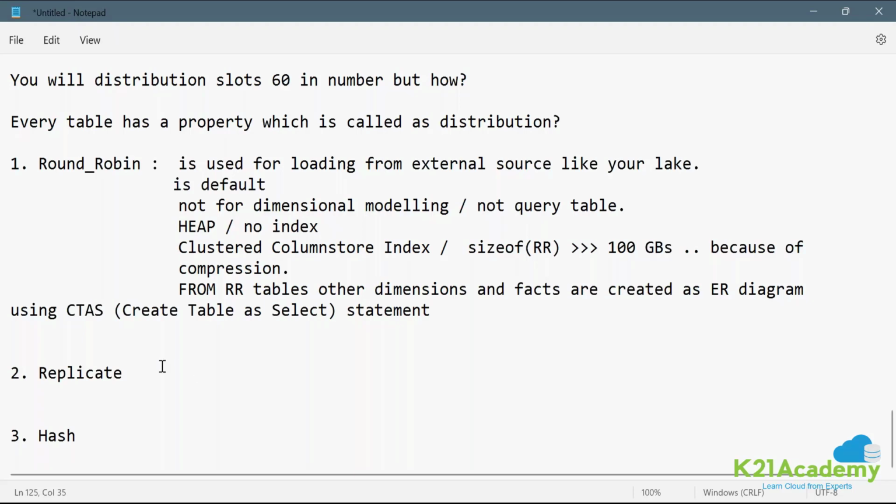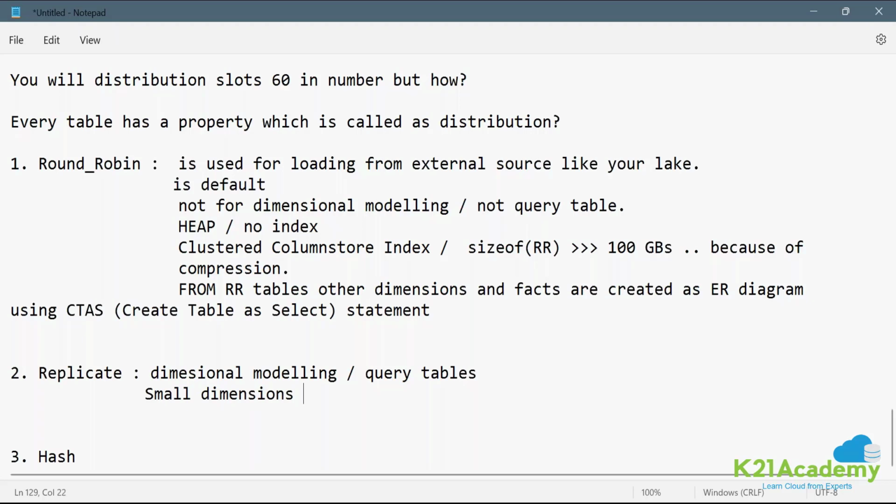What are other kinds of distributions? Replicate. Now, this is for dimensional modeling, right? Yes, it is a query table. It is for small dimensions and facts, right? How small?